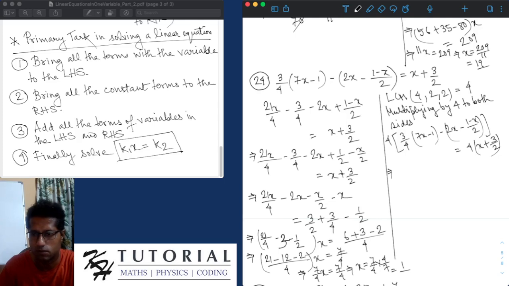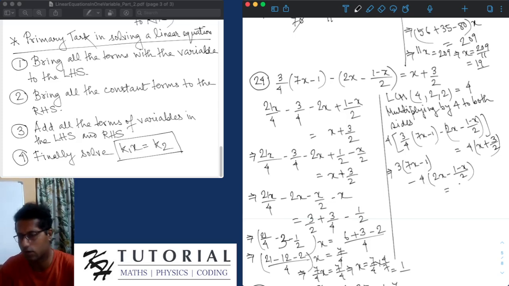Now if we do the product and simplify the LHS, it is 4 into 3 by 4 into 7x minus 1 becomes 3 into 7x minus 1, and we have minus 4 into 2x minus 1 minus x by 2 equals, if we do the product on the right hand side, we have 4x plus 6.